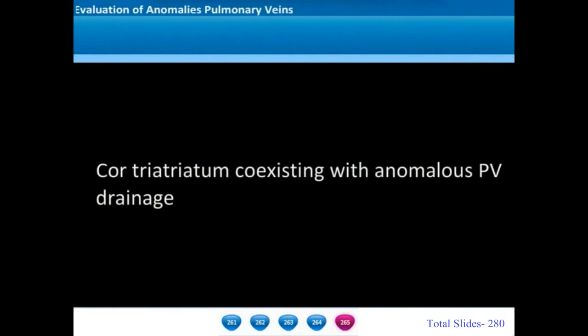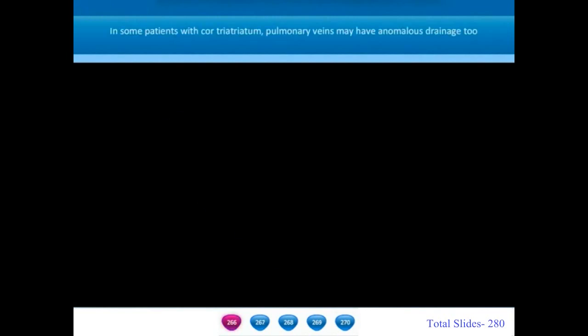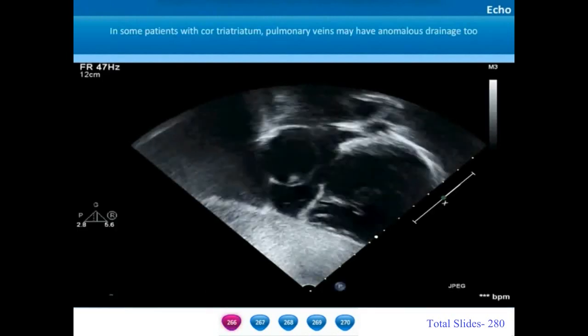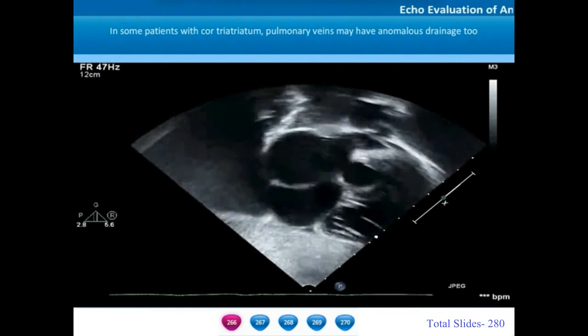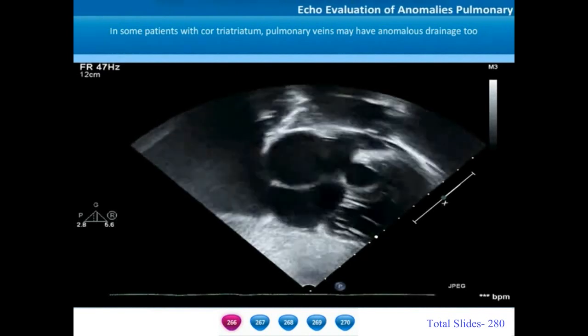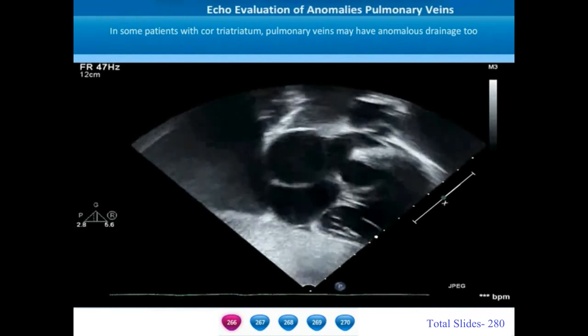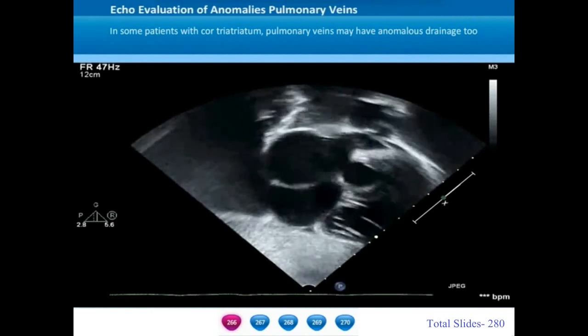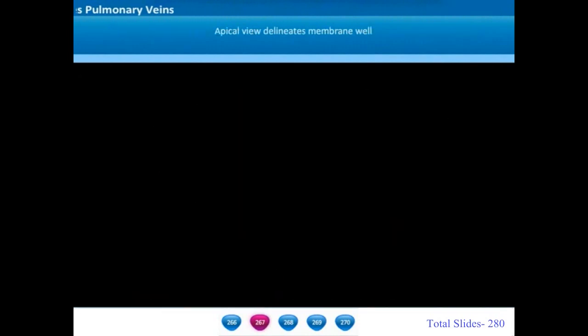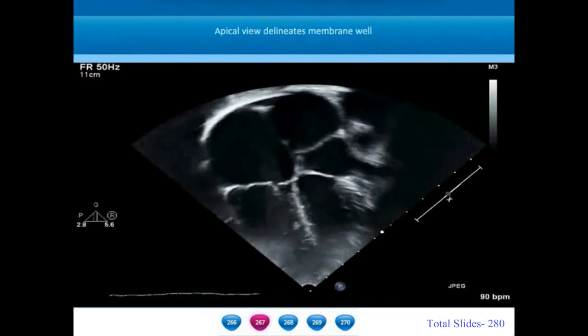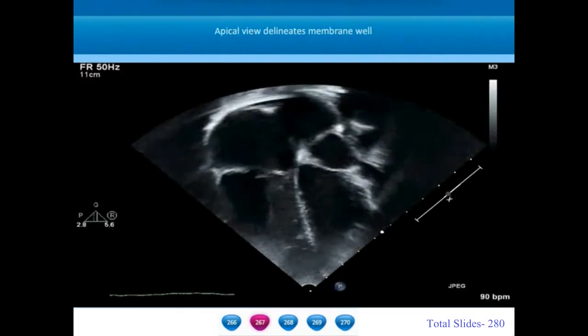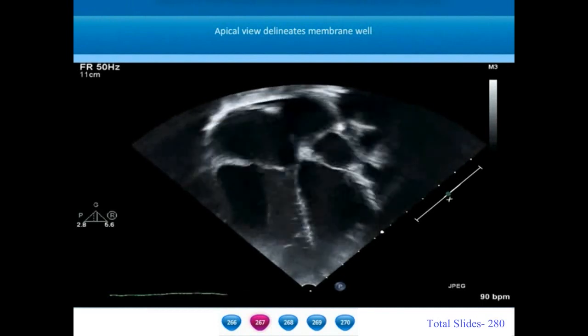Sometimes cor triatriatum sinister or partitioned left atrium may coexist with an anomalous pulmonary venous drainage. Subxiphoid coronal view of this patient shows a long obstructive membrane across the left atrium, dividing it into two parts. Apical view shows this obstructive membrane even more clearly.